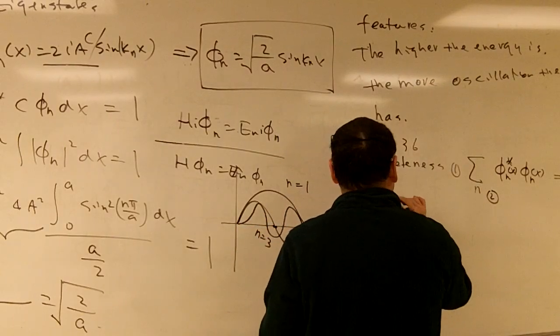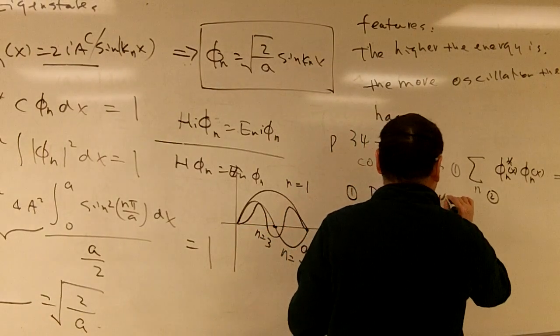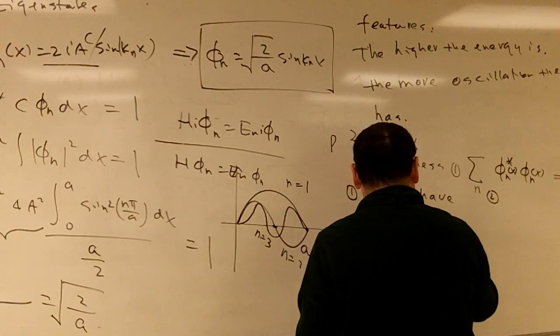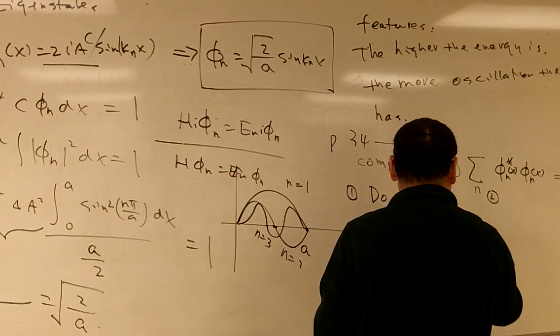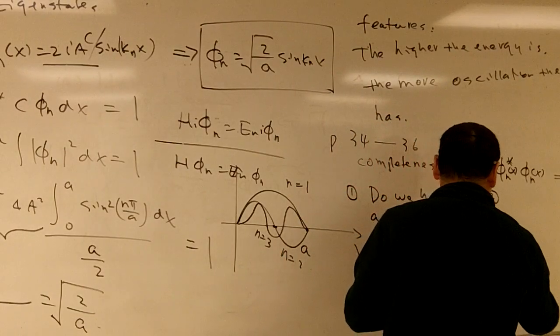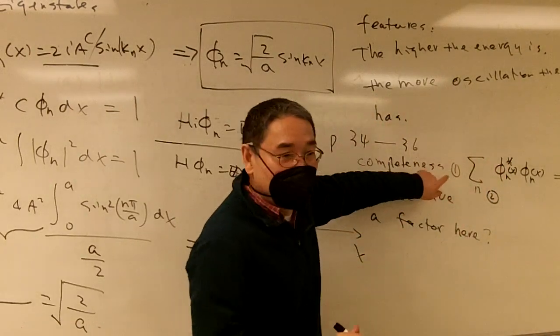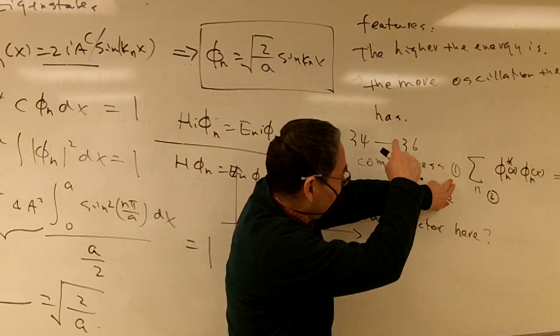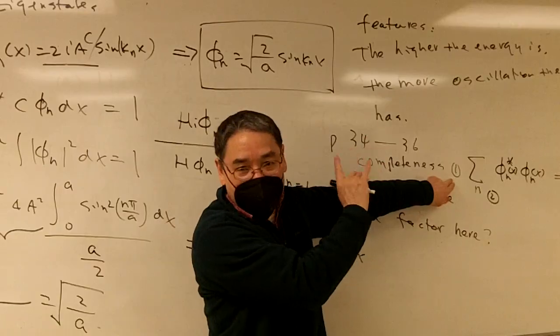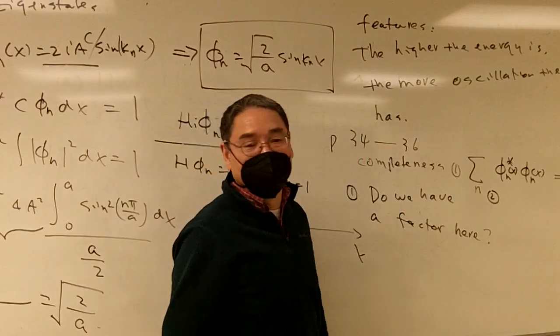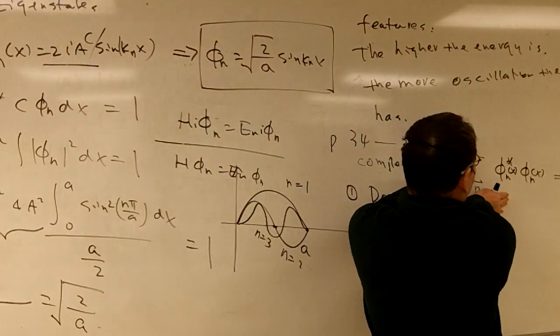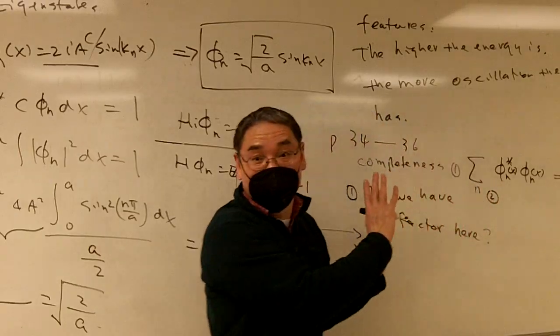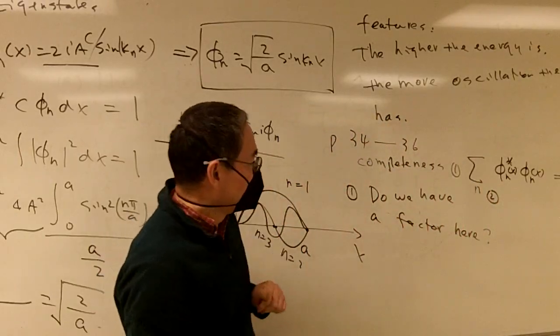Question number 1: do we have a factor here? In other words, could you write this down? We put a 1 in the front. Do we have a factor in front? Because if you look at all the books, they just sum over like this. They didn't tell you anything about this.